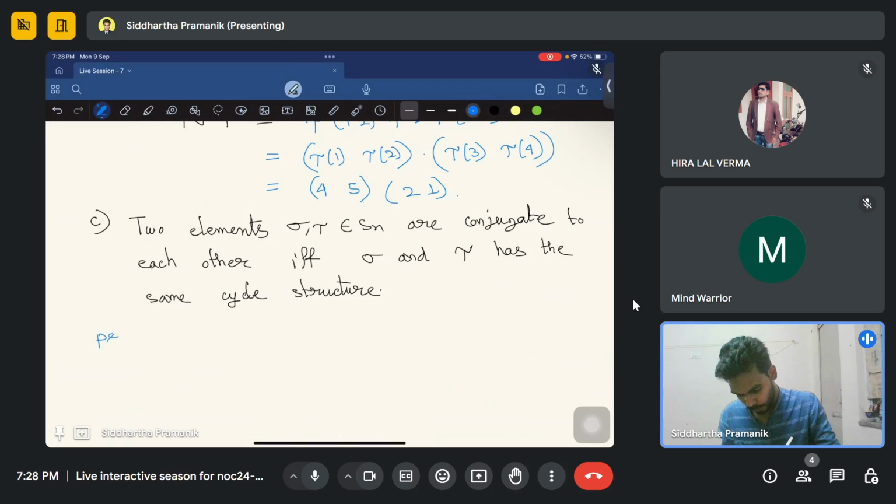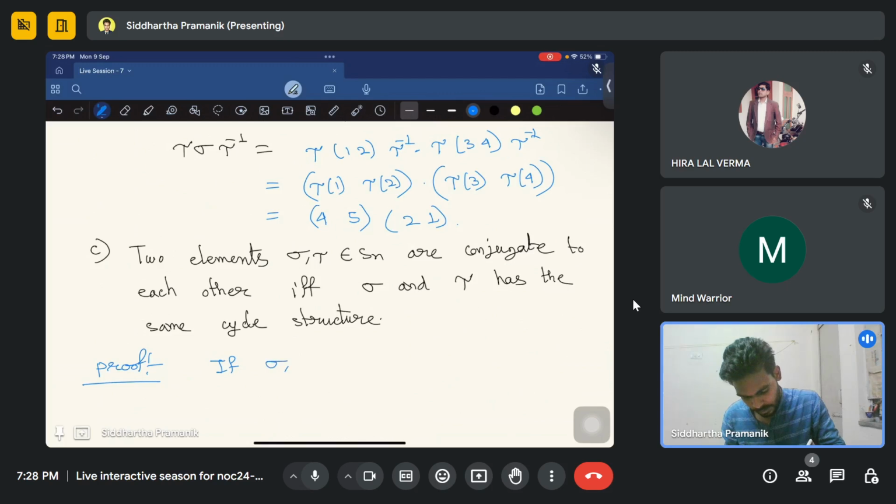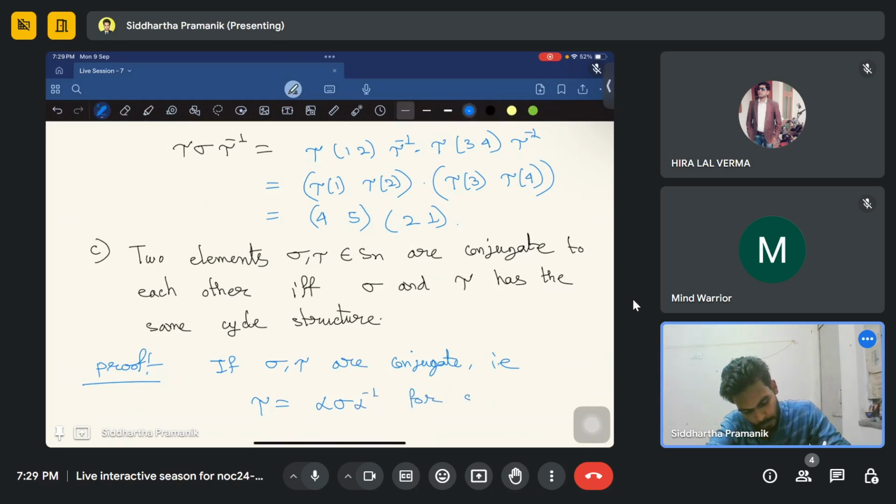So let's see a proof for this. One side of the proof is clear by the first two parts. So if sigma and tau are conjugate, that means tau equals alpha sigma alpha inverse for some alpha in Sn.